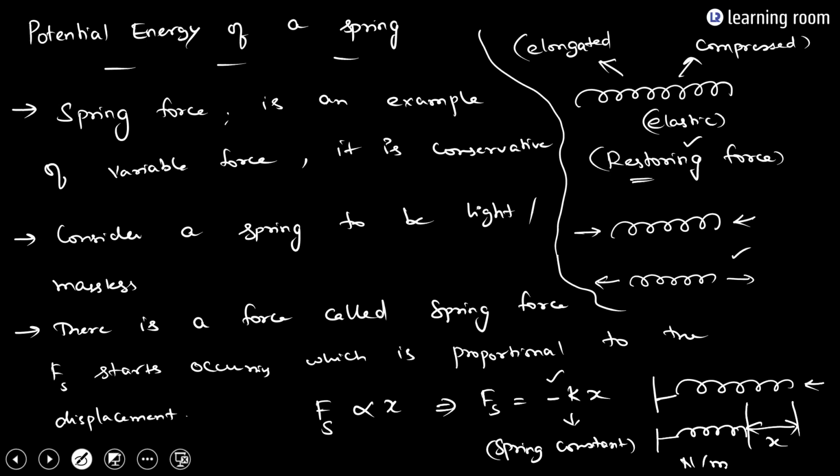Are you able to understand this? This is the reason why in the beginning I told you that spring force is an example of variable force. What is variable force? If the force is a function of displacement, we call it a variable force. Here, force is a function of displacement. So make a note till here.